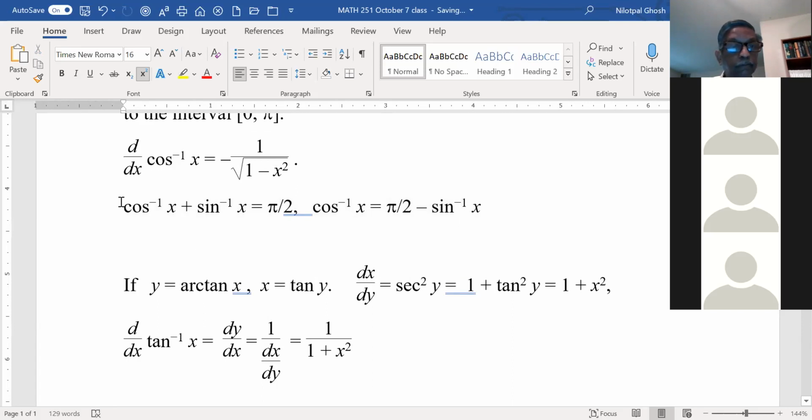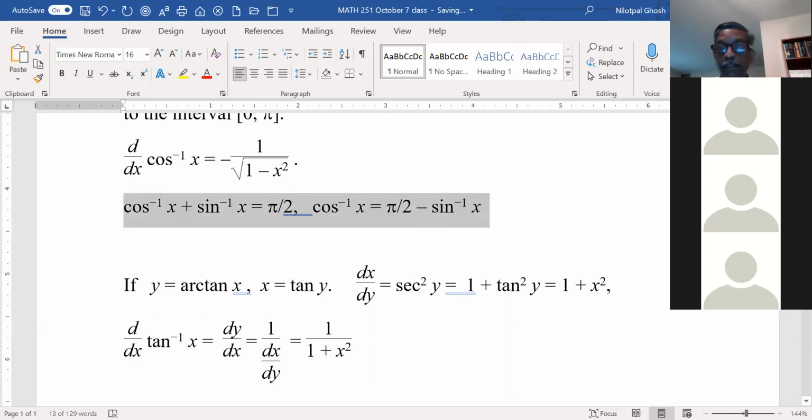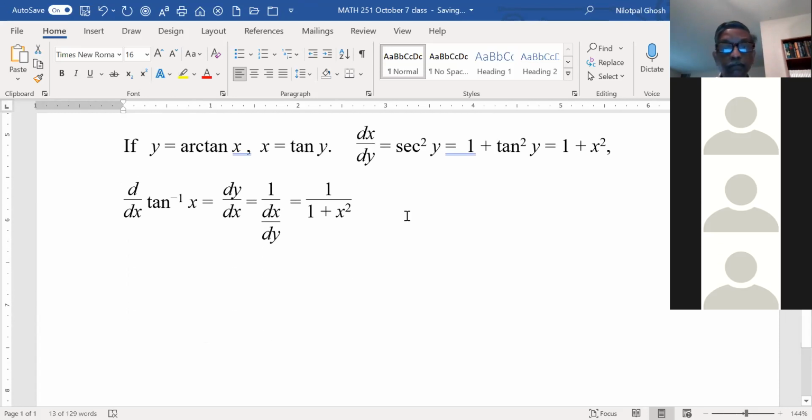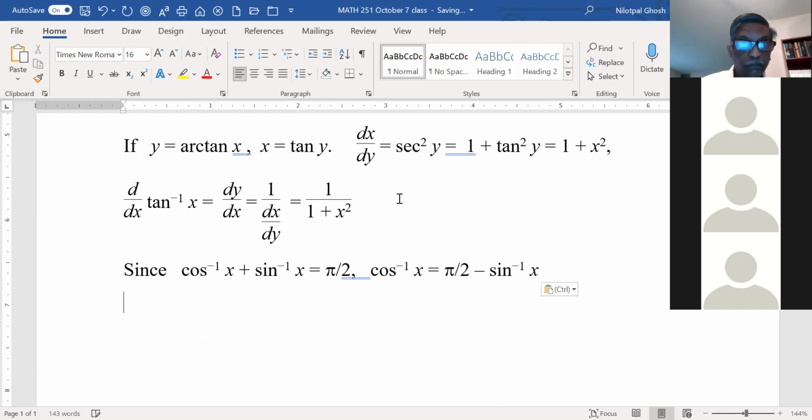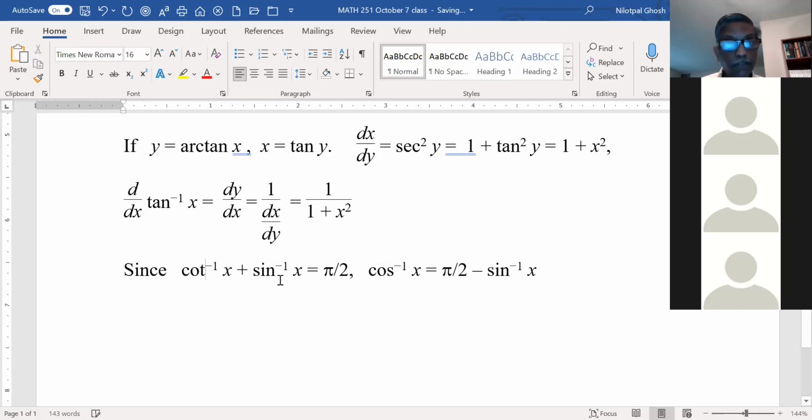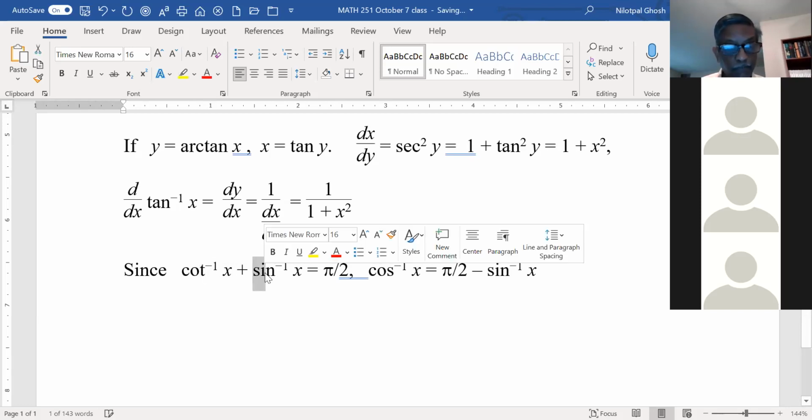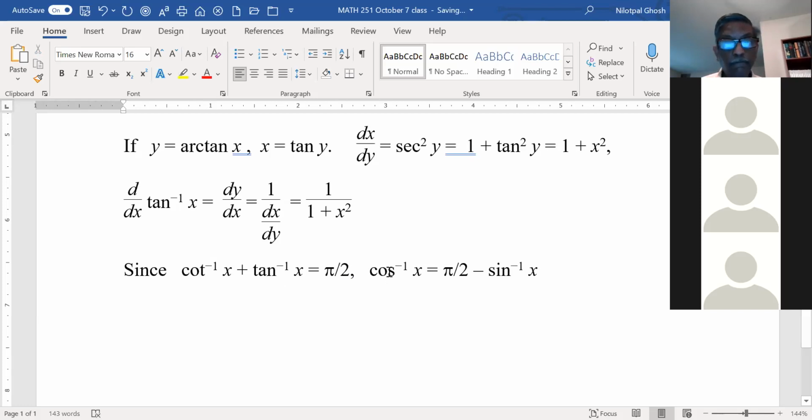Sorry, possibly I copied only this one. So I have to make changes here. Cot inverse, tan inverse, cot inverse, tan inverse.